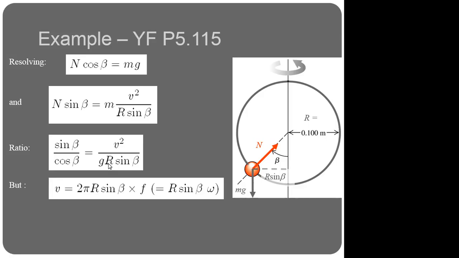Velocity is given by 2 pi r sine beta times f. What's that? Well, 2 pi, this is the radius to this circle, times f. F being the frequency, which is basically just 4 revs per second.